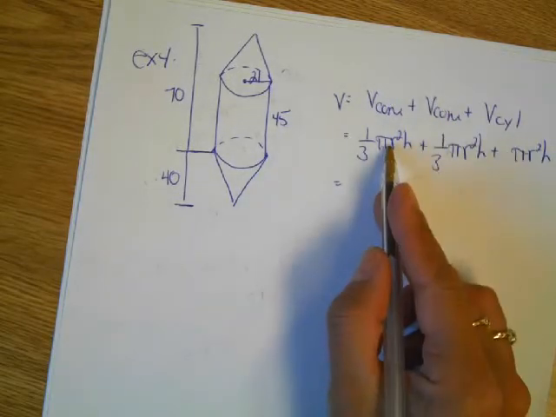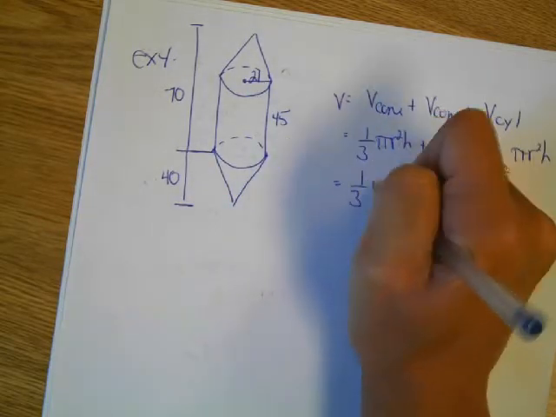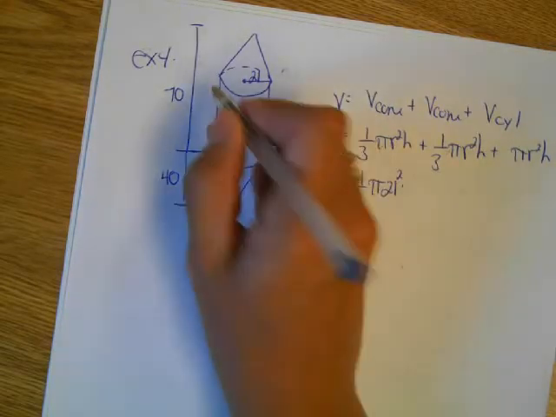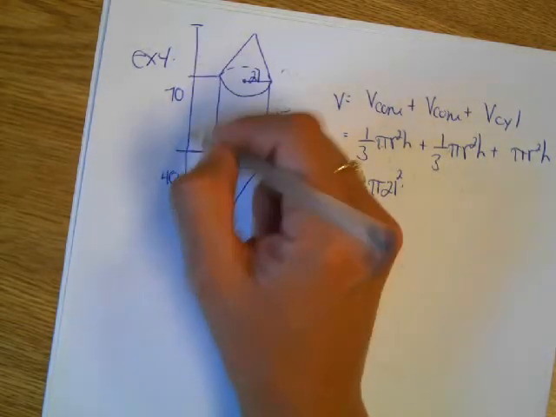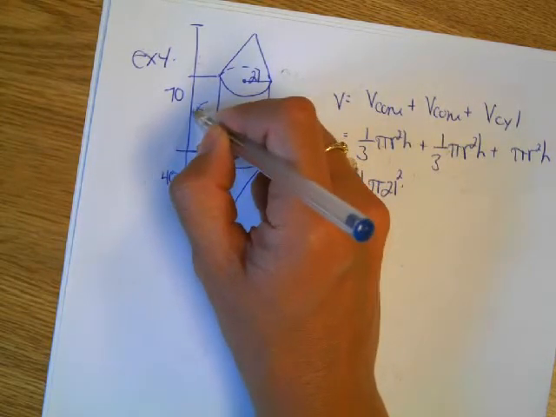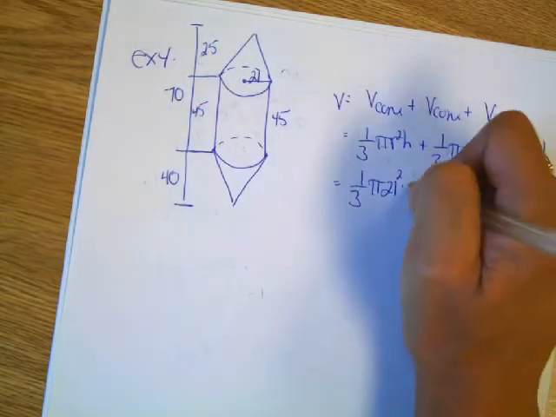So let's do the top cone first. I see the radius is 21. And the height, we got to do a little bit of work. If those two pieces are 70 and the cylinder is 45, that's going to leave 25 up here. That's 6, yep. So we got a height of 25.